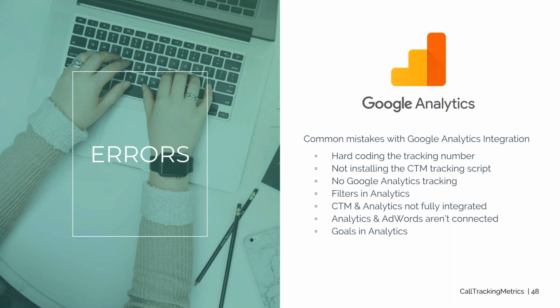Let's see, if Analytics and AdWords aren't connected, then we're not going to get the campaign information. And if you don't have goals created inside of Analytics and have those goals imported into AdWords, we're not going to see conversions. So those are some of the most common mistakes that I've seen along the way.